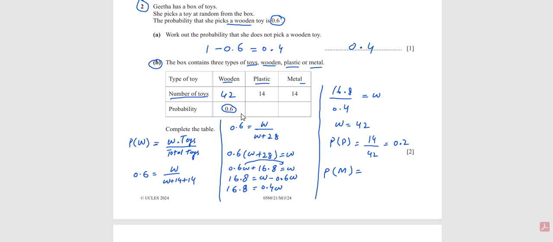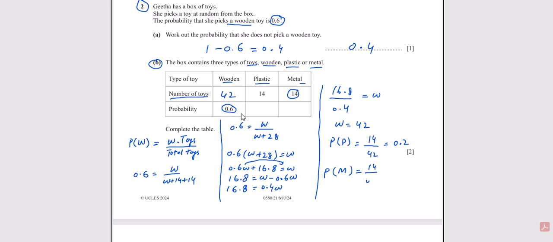Probability of metal, number of toys is 14 divided by 42. After calculating, we get 0.2. So the probability of plastic is 0.2 and probability of metal is also 0.2.